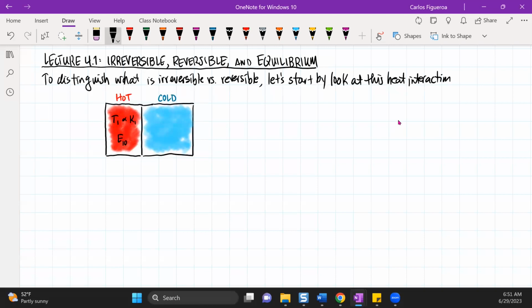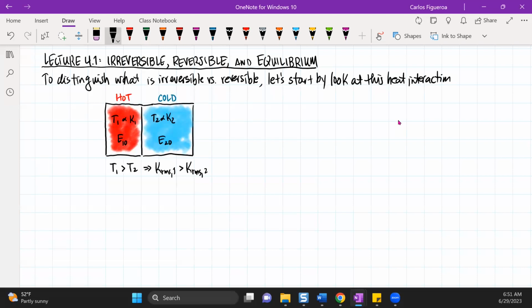I could say the exact same thing about the cold region, where the temperature and the kinetic energy are proportional to each other, and then this will be its internal energy. So the way it stands, T1 is greater than T2, which immediately tells me that K RMS 1 has to be higher than K RMS 2.